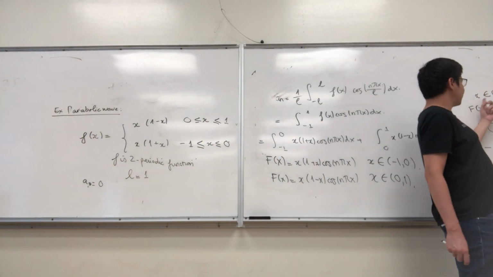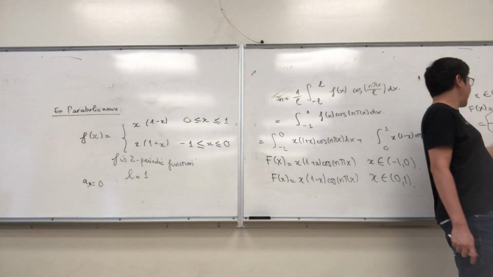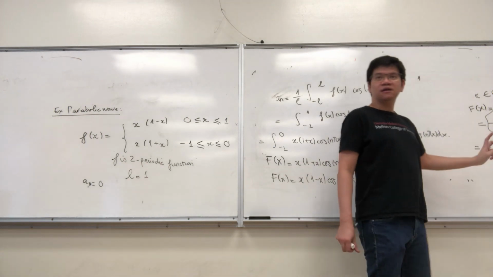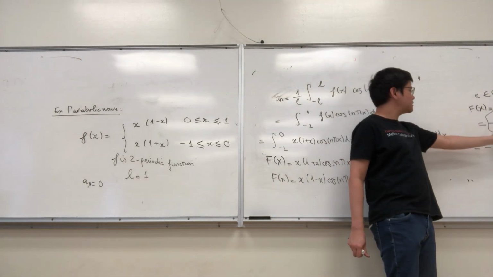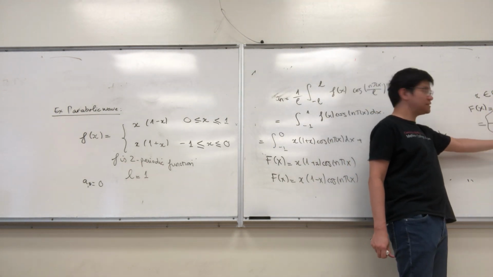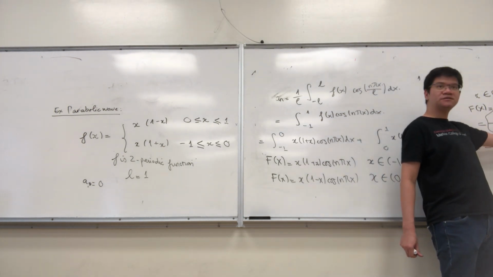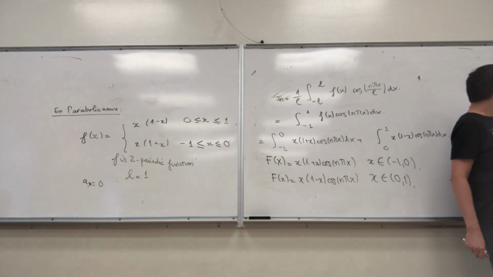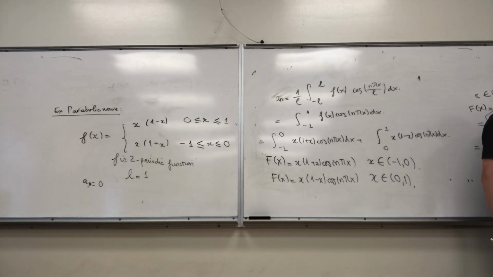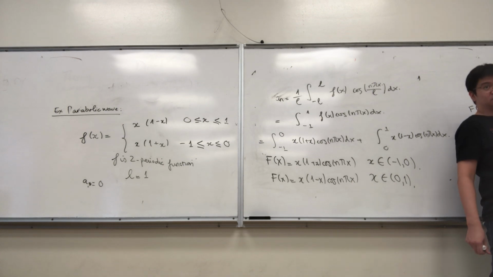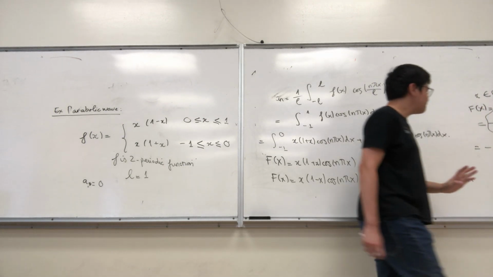Now when x is from 0 to 1, f(x) is x(1 - x) cosine n pi x. I'm going to write x as minus of minus x, and 1 minus x is 1 plus minus x. And cosine n pi x will be cosine n pi minus x, because cosine doesn't change sign if you change the sign of the thing inside the cosine.